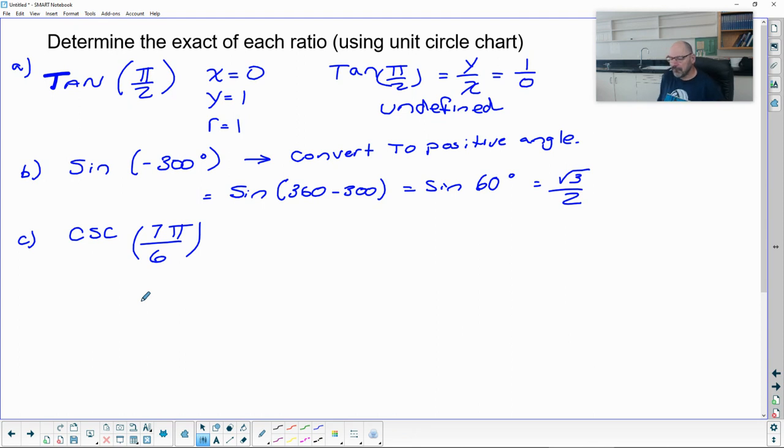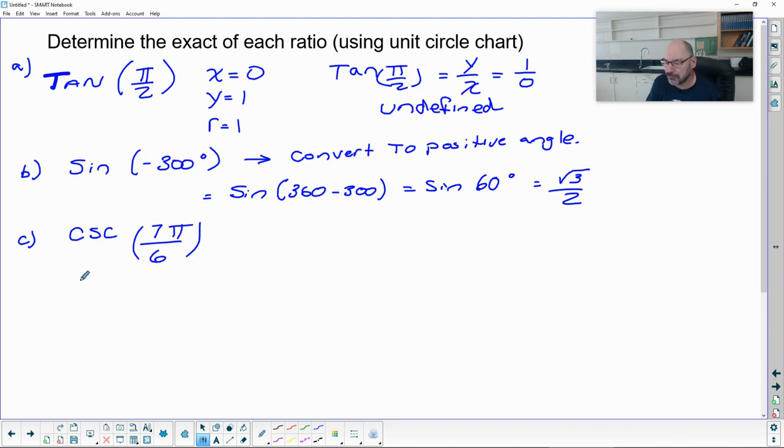In this case, we're going to be looking for the 7 pi over 6 spot on our unit circle. That's in the third quadrant.